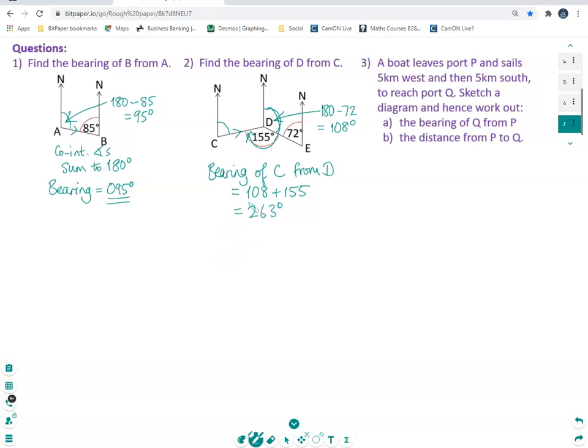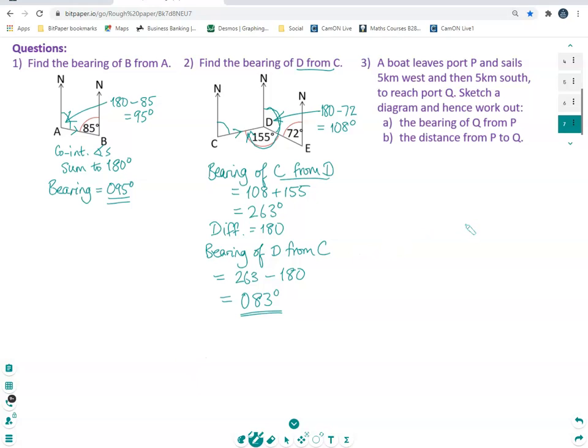And the difference between the bearing of D from C and the bearing of C from D has to be 180. So the bearing of D from C must be 263 minus 180, which gives you 83 degrees. And of course, we need to put that 0 on the front. So there's your answer.